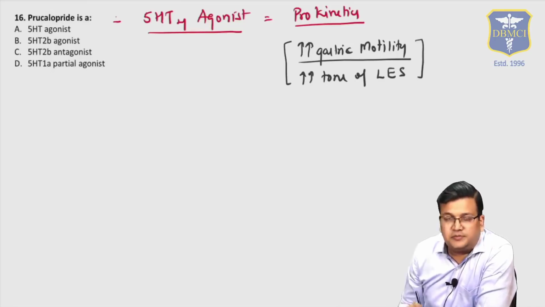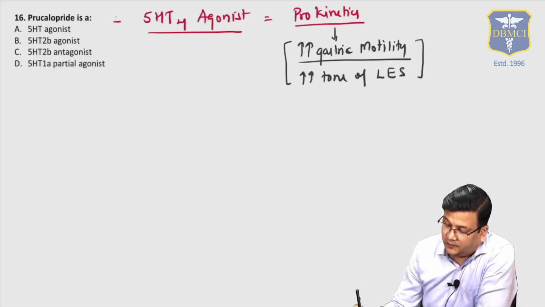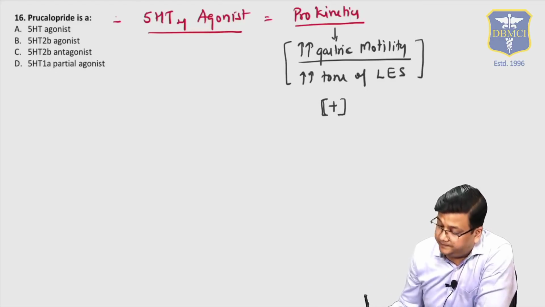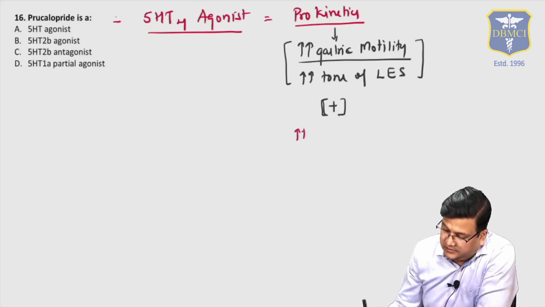These drugs are known as prokinetics. Along with these two actions, prucalopride or 5-HT4 agonist also increases colonic motility.